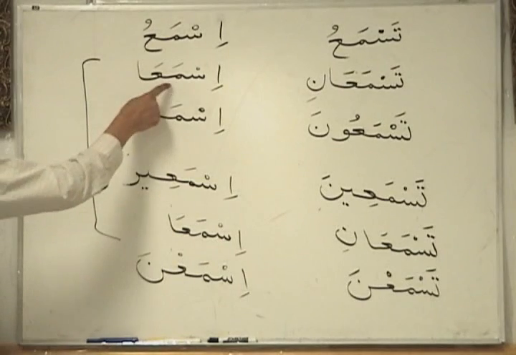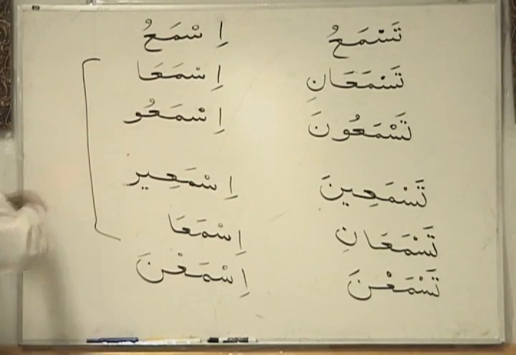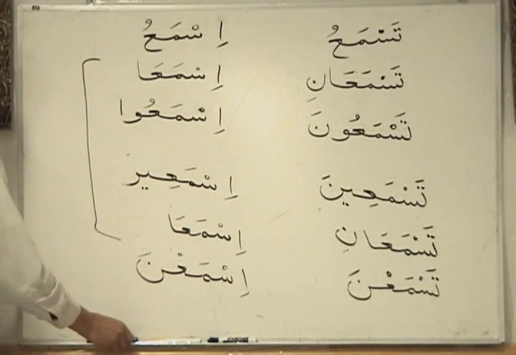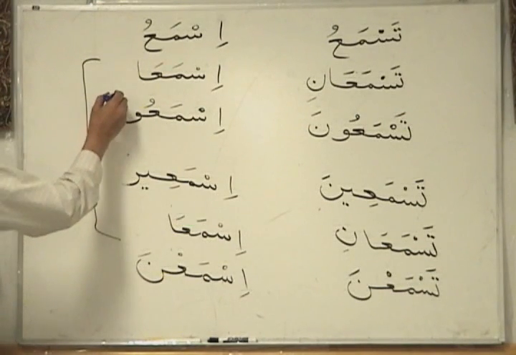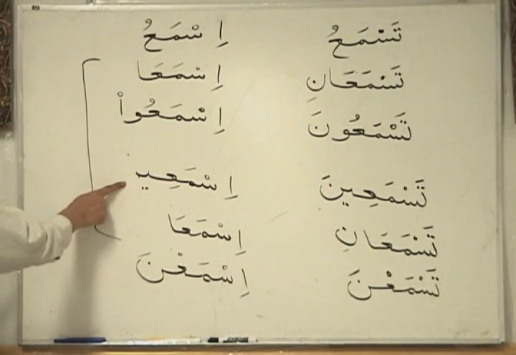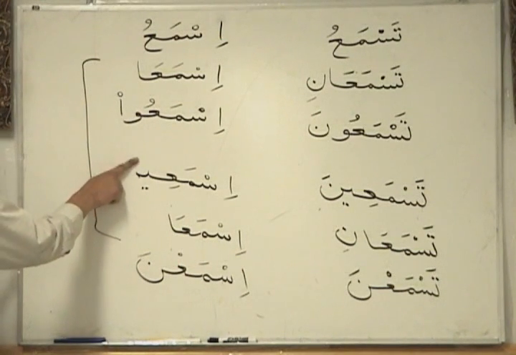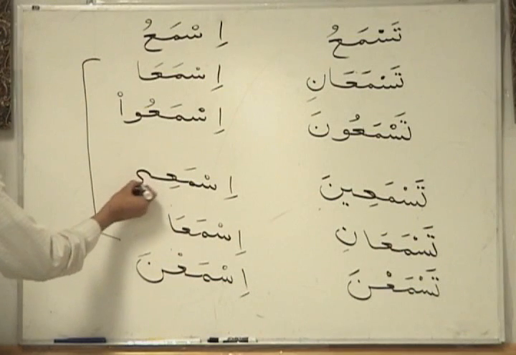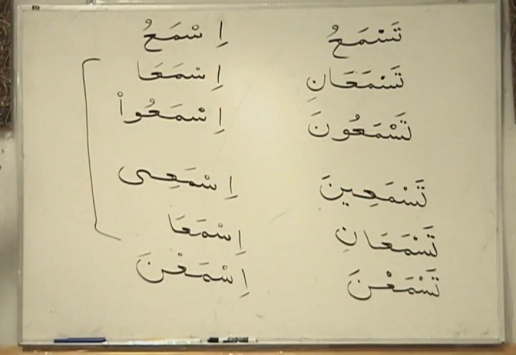This one is changed to isma'a. This one is changed to isma'u. Add alif here in writing only. This is not a pronunciation. In writing, add an alif that's not pronounced. Silent alif. Isma'i. The ya has a sukoon, so you have to now change the shape of the ya, right? Write it like this. Isma'i. Because you got rid of the noon.